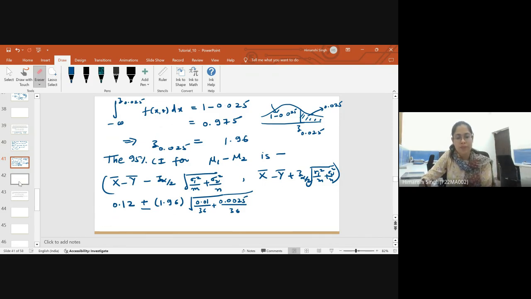Now what will this quantity be? This quantity will be 0.12 plus minus 1.96 into, this will add up to 0.0125 under root and divided by 6, because this is under root. So just calculate what this quantity comes out to be.